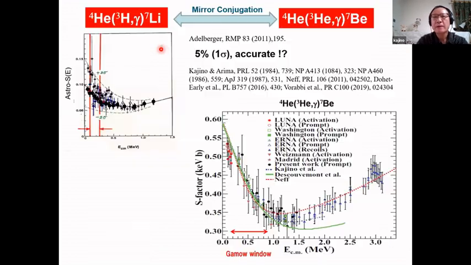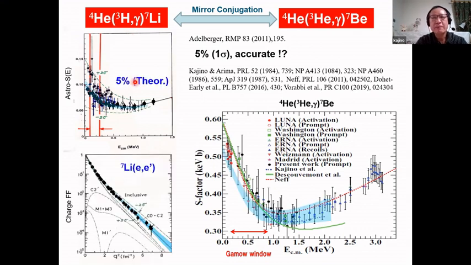And the helium-4 plus tritium and helium-3 plus helium-4 reactions are important for the solar neutrino problem and also Big Bang nucleosynthesis, but these are important in our process as well. And for the lithium-7 side, because lithium-7 is stable, the electromagnetic structure is very well measured by high-energy electron-lepton scattering.